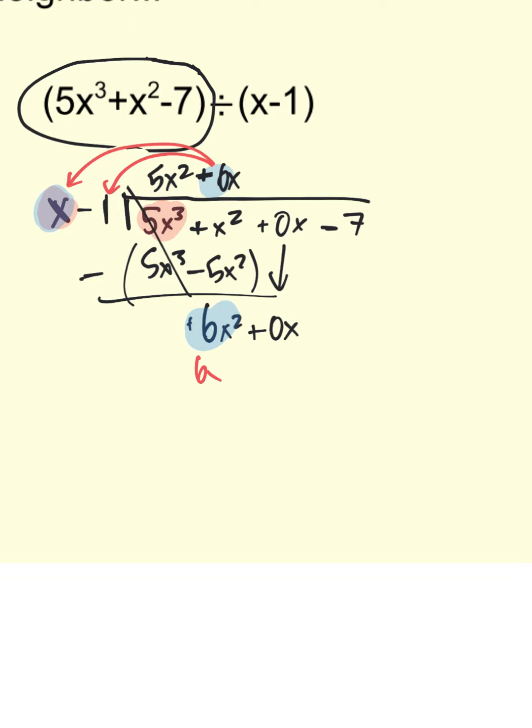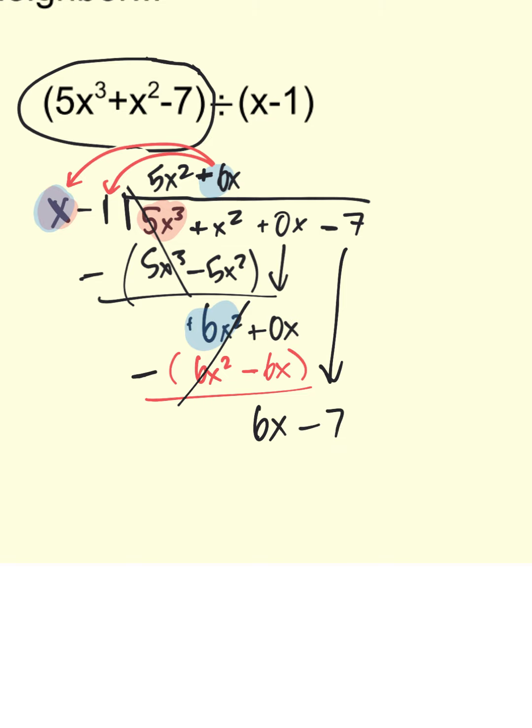So I end up with 6x squared, which is what I wanted. And then negative 1 times 6x is negative 6x. And then I end up subtracting. Okay? So then I'm going to subtract 6x squared from 6x squared, which ends up giving me 0. And then 0 minus a negative 6x gives me a positive 6x. And if I bring down my minus 7, I'm going to rinse and repeat here.